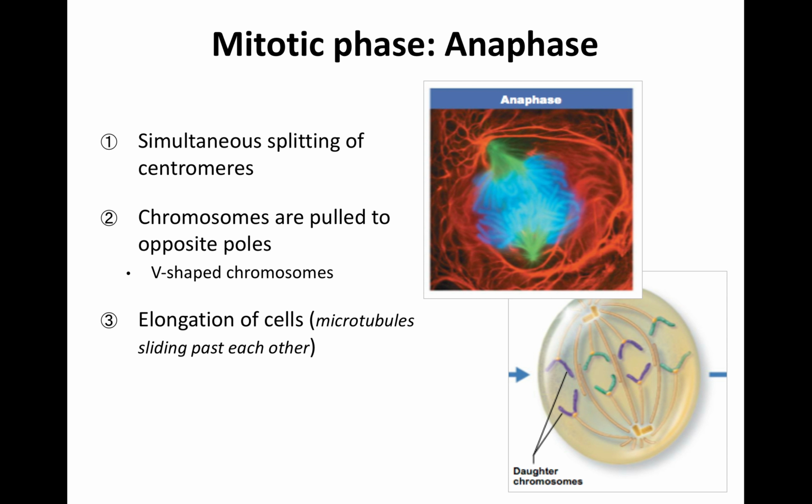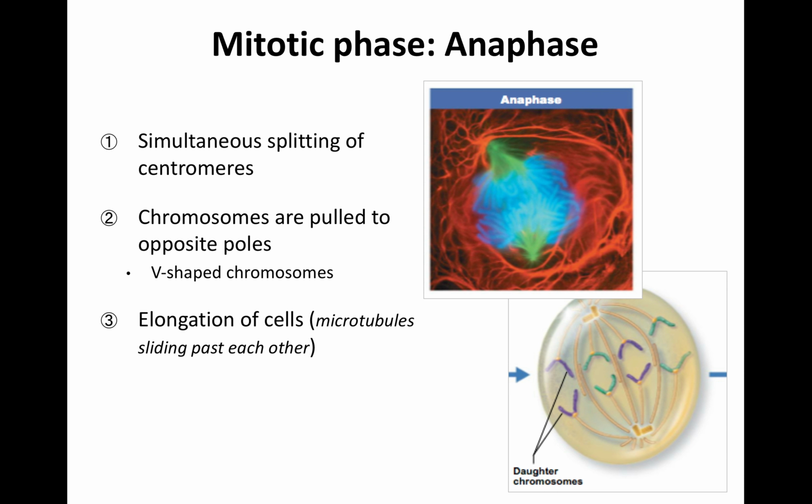Notice, because the centromeres are literally pulling the chromosomes right at the center, you create those V-shaped patterns. The example that usually helps you understand this is to think about a handkerchief or a scarf. You hold the center of your scarf and put your hand outside a moving car.